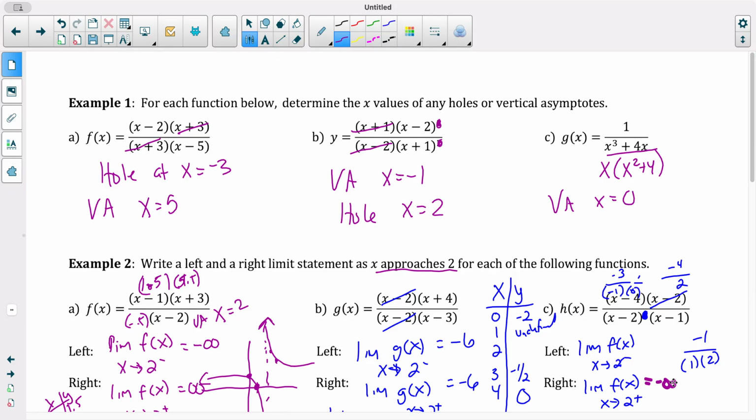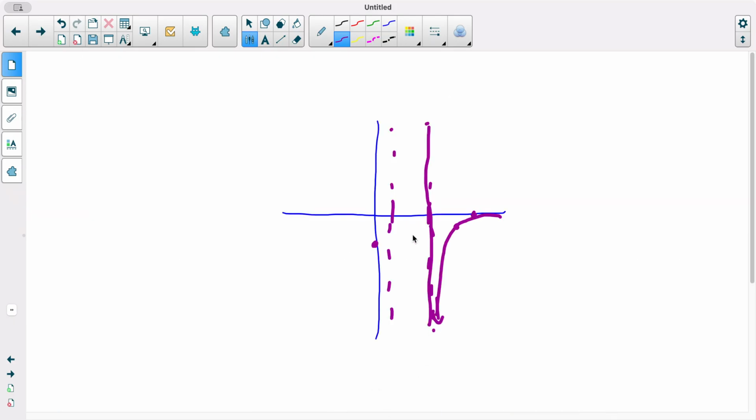I need to know if the graph is going down on this side too, or going up. And I can tell you it's going to be going up, just because of the way the graph functions. It probably looks something like this.